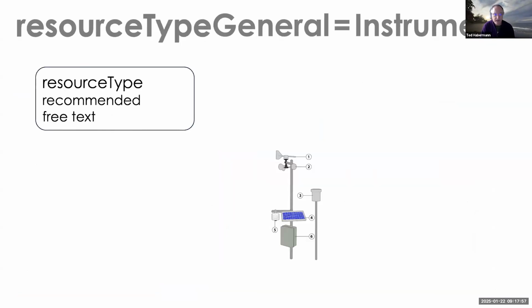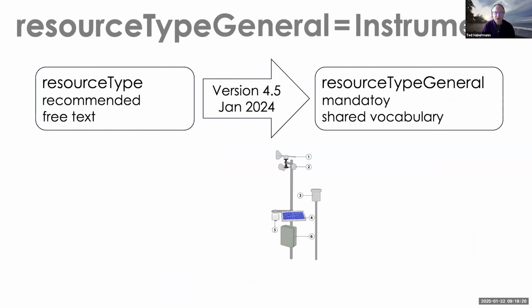So prior to last year, DataCite had a metadata element called resource type, which is a recommended element, and it's free text. So if you had an instrument, you could describe that instrument to some extent in a free text field.